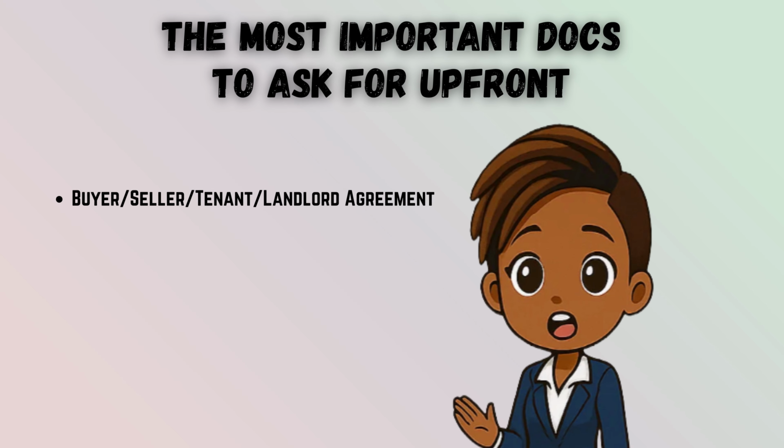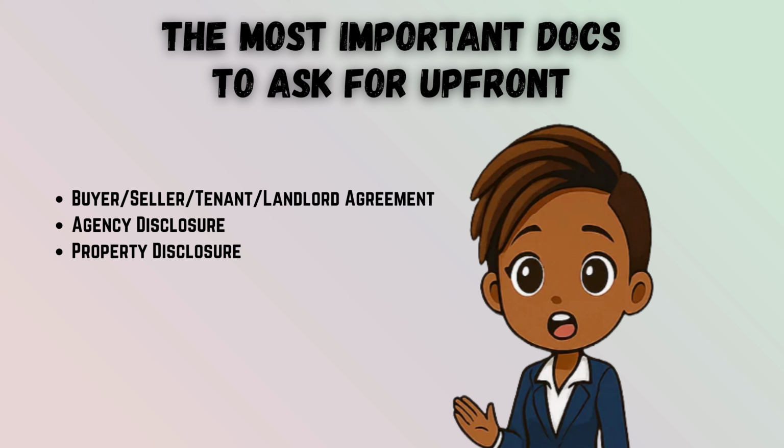Let's walk through them briefly. First, there's the representation agreement, which officially allows the agent to represent the client, whether they're buying, selling, or leasing. Next, the agency disclosure explains who the agent represents and helps everyone stay transparent. Then we have the property disclosure, where the seller lists any known facts or defects about the property.